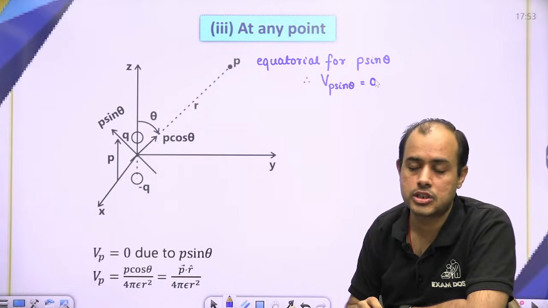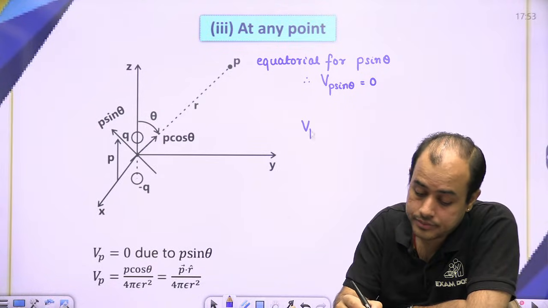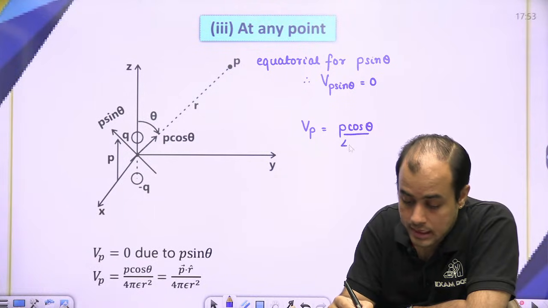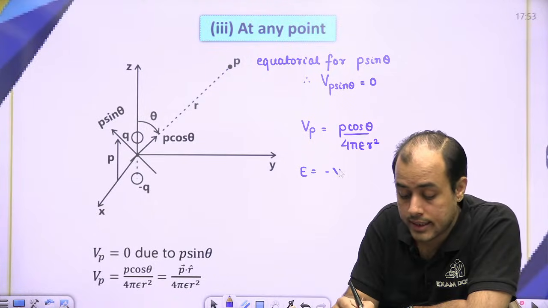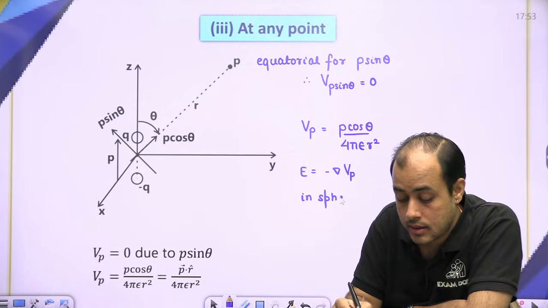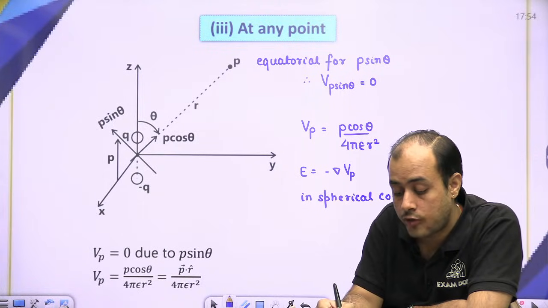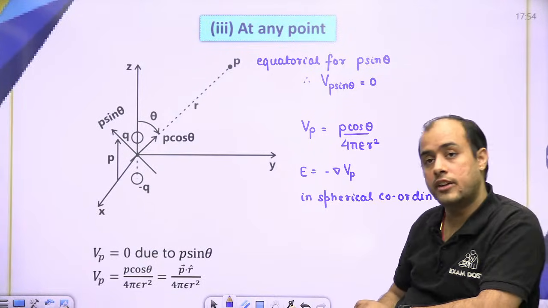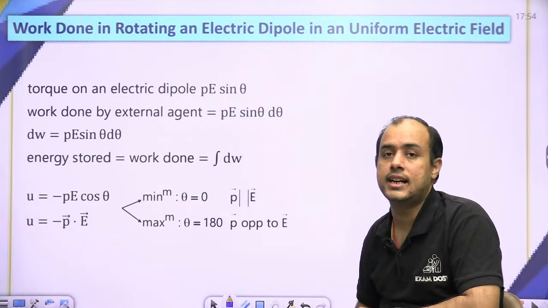Now beta, once we have the potential in the spherical coordinates, if you want the electric field, it is minus gradient of Vp in spherical coordinates. आपको ग्रेडियंट निकालना तो आता ही है स्फेरिकल कोऑर्डिनेट में, so even if you forget the electric field, no issues, just remember the potential, you can find the electric field. Now how much work is done in rotating a dipole?